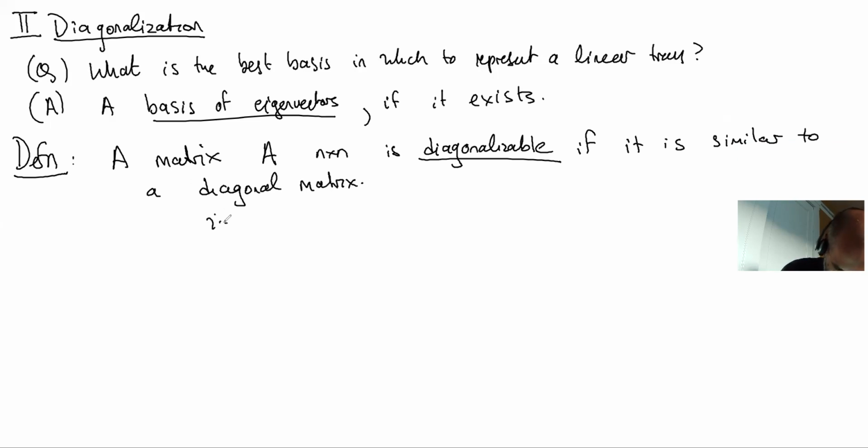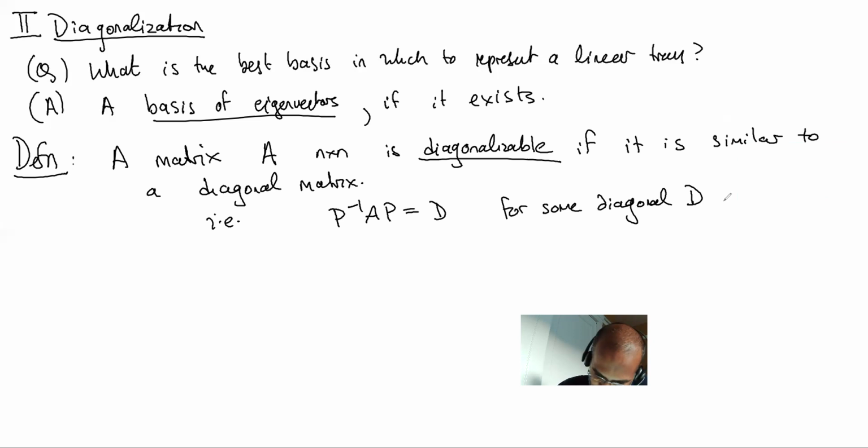What does that mean? It means P inverse AP is equal to D for some diagonal D. Diagonal means only the diagonal entries are not 0.